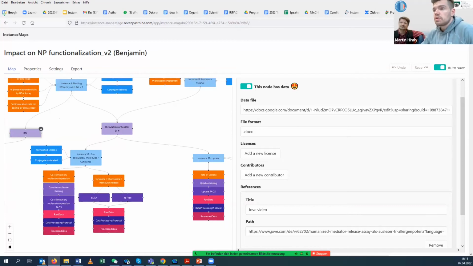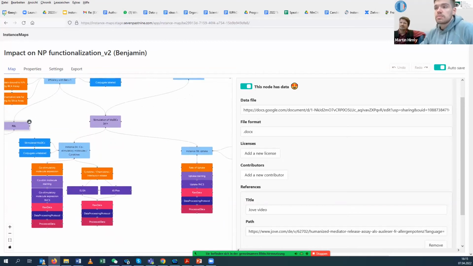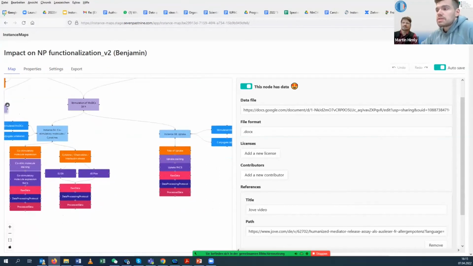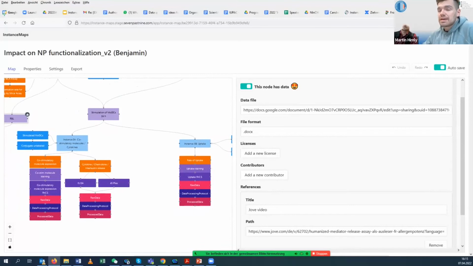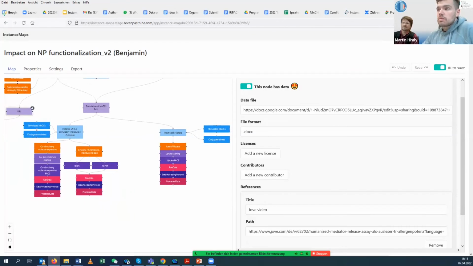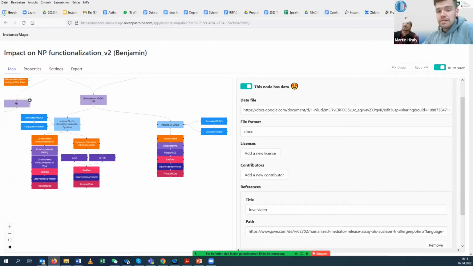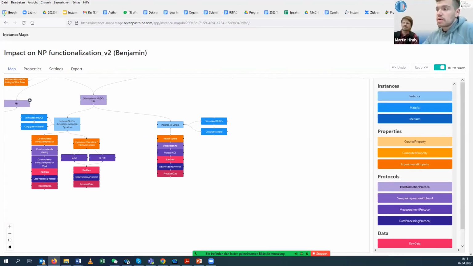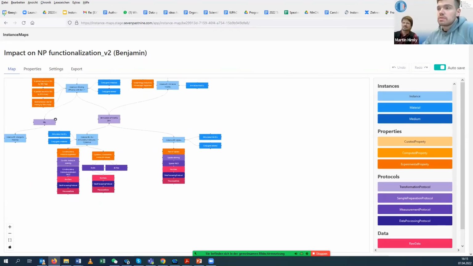For this, we looked at both the co-stimulatory molecule and cytokine expression, as well as the uptake, basically the amount of particles being taken up into the dendritic cells. For this, we also had different protocols as well as data evaluation attached, which explains why we have so many new colors here, which haven't been previously used.